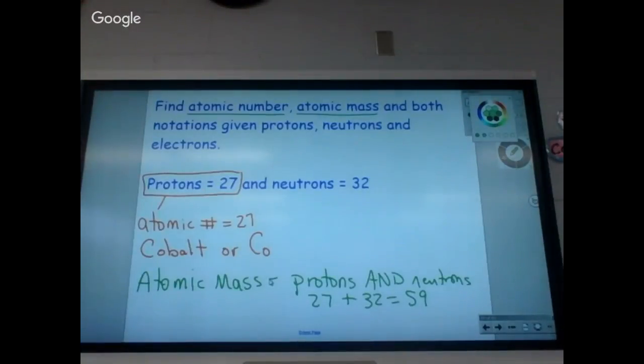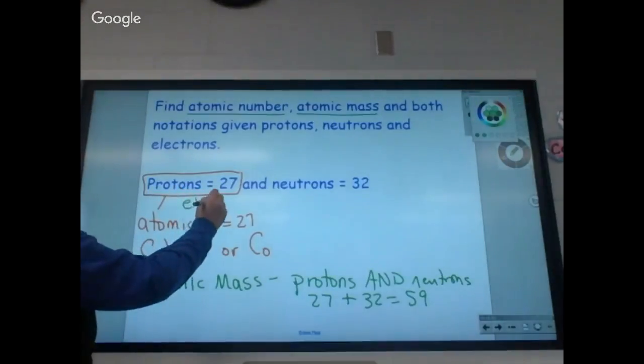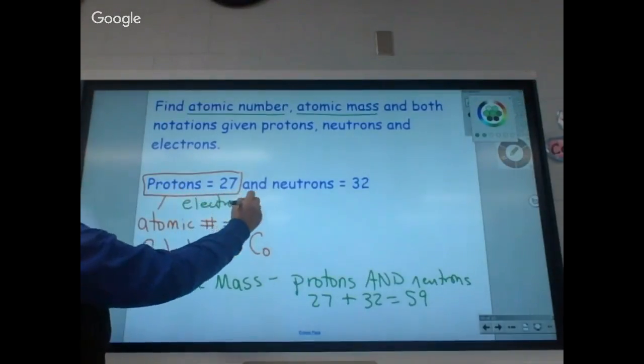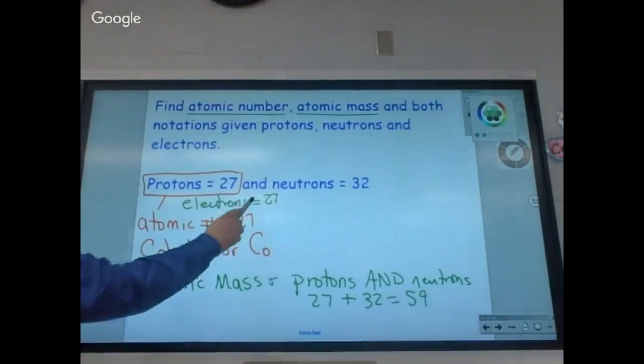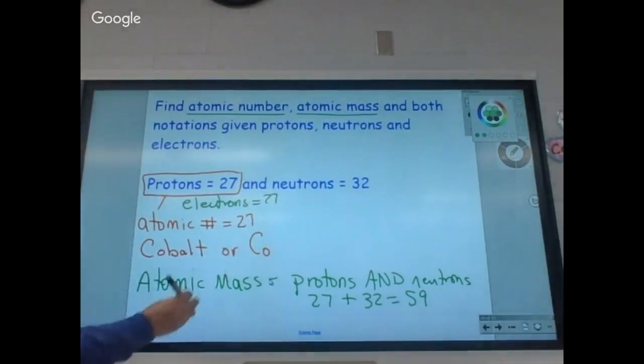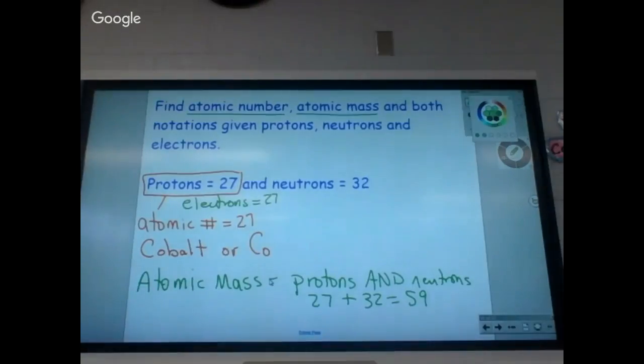How many electrons are there? 27. Okay, so the electrons equals 27. Do we need to know the electrons, though, to write the notations? No, because that's not in our notations. But it's okay if you figured out the electrons. That's cool.